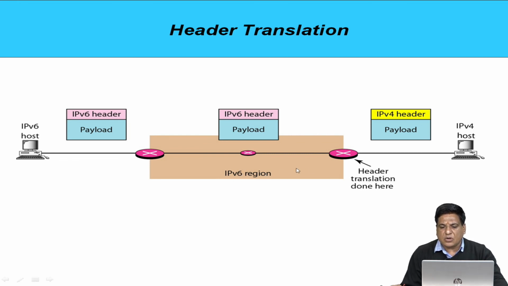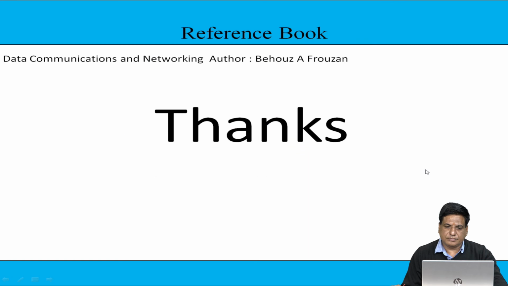So here the last router, which is connected to IPv6 addressing as well as IPv4 addressing, will perform the header translation, and it will perform the encapsulation so that the data, or we say payload, and the IPv4 header is transmitted to the IPv4 destination host. Thank you.